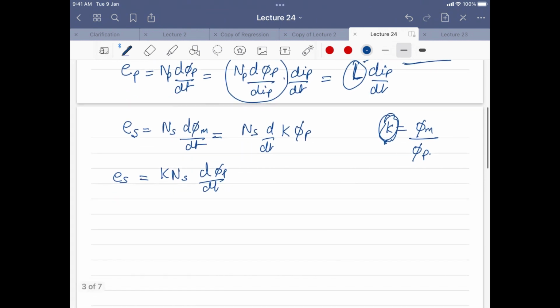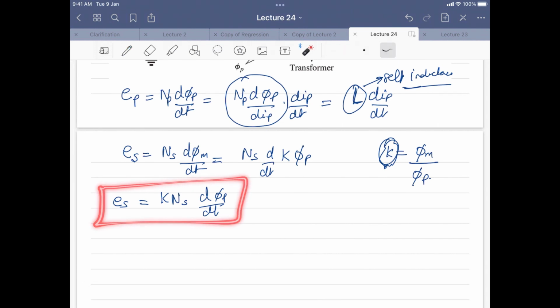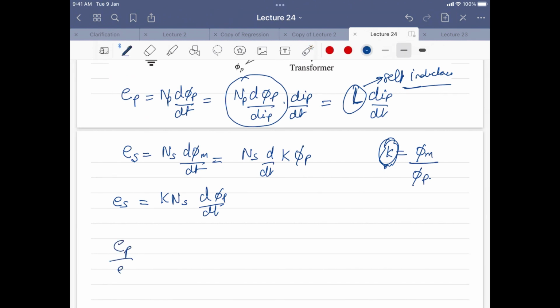So if I have this equation here, and I have this equation, if I divide the two, I will get Ep by Es equal to Np by k Ns. Will I get it or not? Yes, sir. So this K, I will explain in the coming slides.